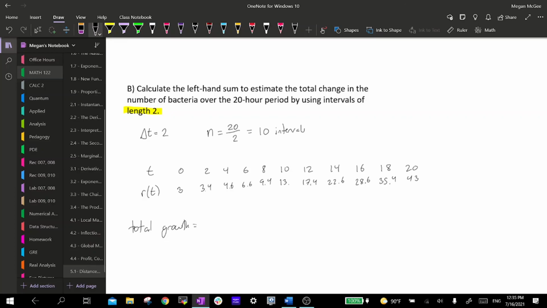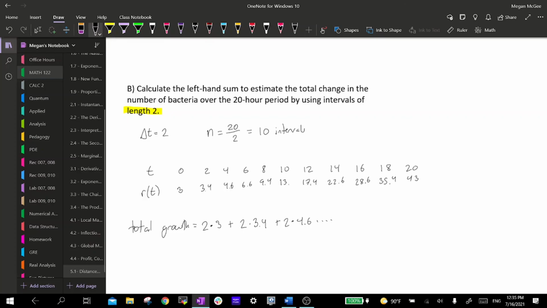Here our interval length is only 2. So we do 2 times the lowest rate between the first two, which is 3, plus 2 times the lowest rate between the second two, which is 3.4, plus 2 times 4.6.